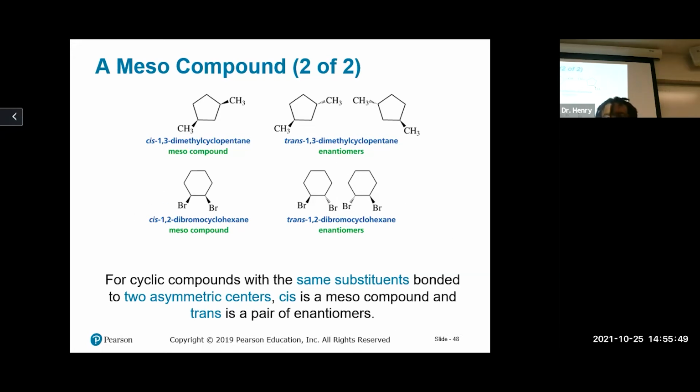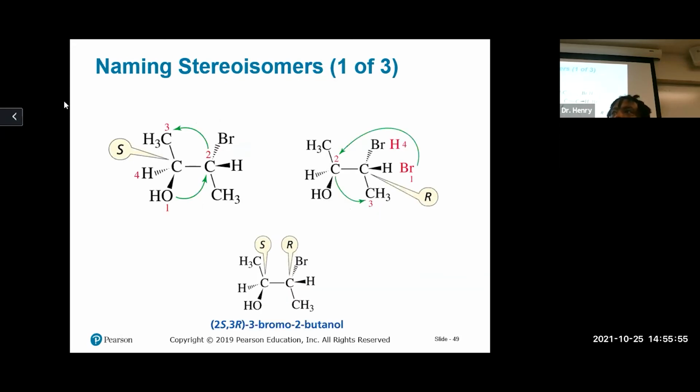When we go about naming, we already did an example of that. Okay, 1, 2, 3. So this one is S, and this one is 1, 2, 3, the funny one.